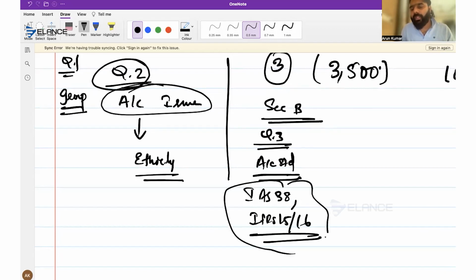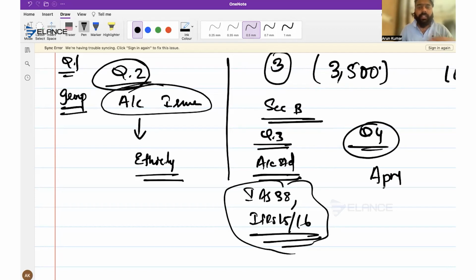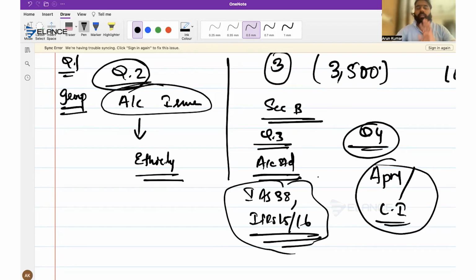I cannot predict which standard is going to be tested here, but basically you have to cover everything from the basics. Okay, and question number 4 will be based on the additional performance measures, that is, on the knowledge part of interpretation and current issues. So this is how the question will get structured.